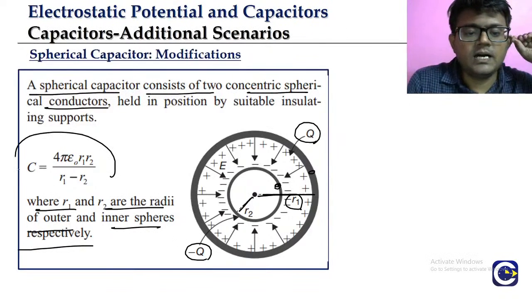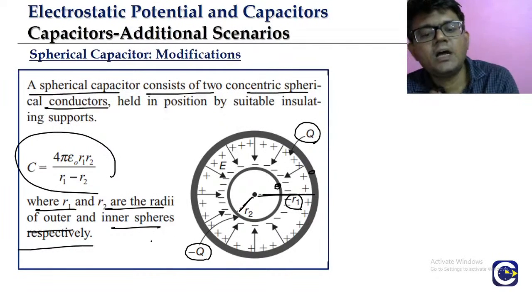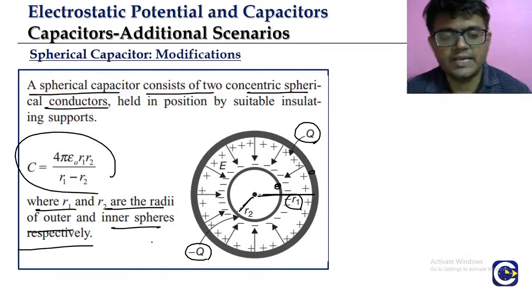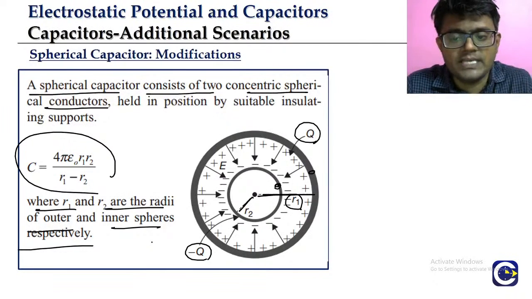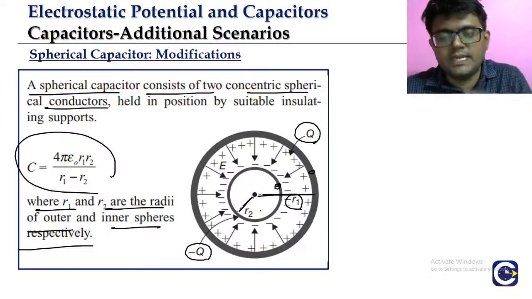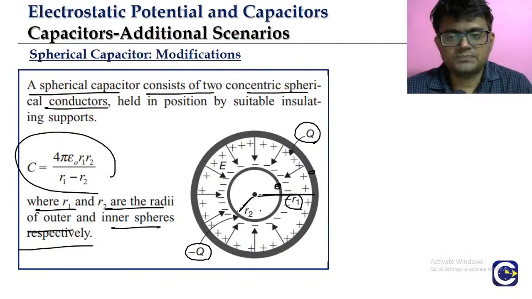In this arrangement, the capacitance formula is 4 pi epsilon naught R1 R2 by R1 minus R2. This we can derive.